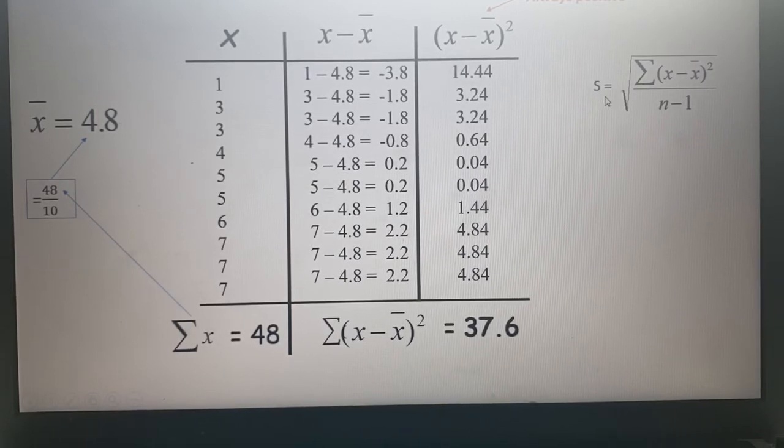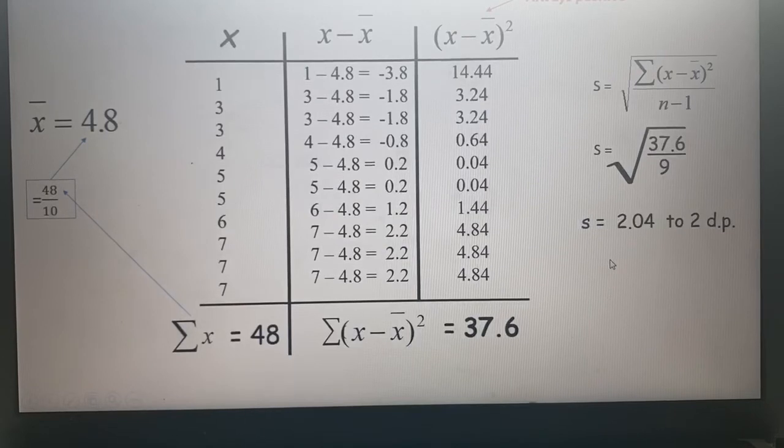Our standard deviation is going to be the square root of 37.6 on the top, and on the bottom it's n minus 1, so there's 10 values, so minus 1 is 9, and to 2 decimal places that's 2.04. That's the standard deviation calculated for that data set.